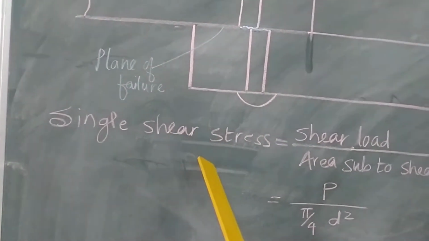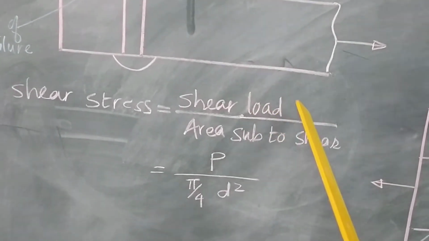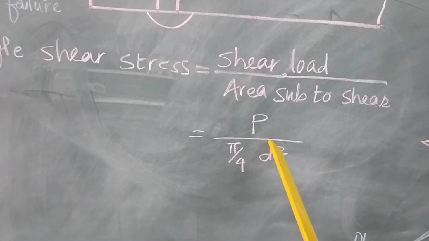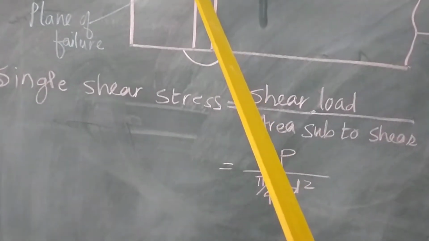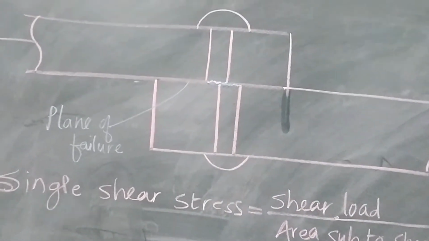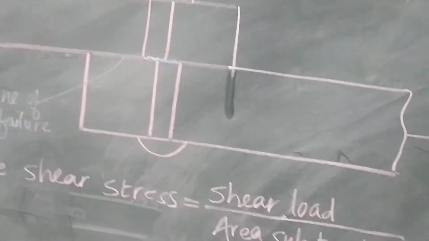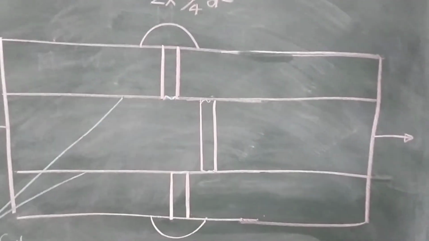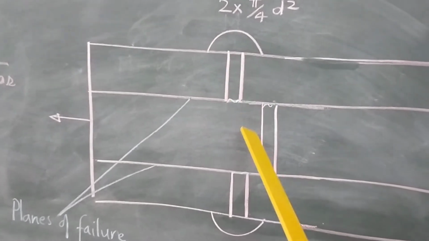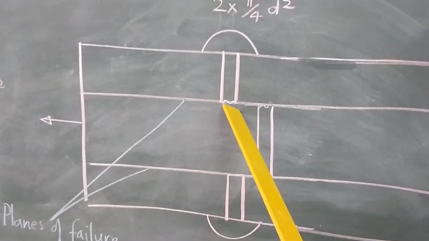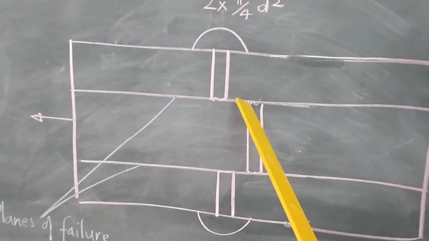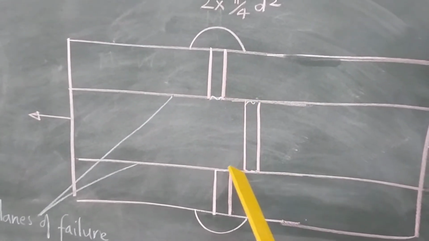So, single shear stress is equal to shear load upon area subjected to shear. So, it is P upon pi by 4 d square, the area under shear, that means this area under shear. What is then double shear stress? These are the three members 1, 2 and 3 attached using a rivet joint. It will cut at two sections, see, because it will cut once at this and another at this.